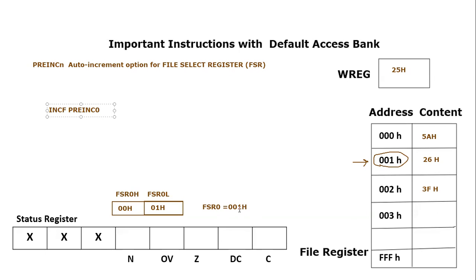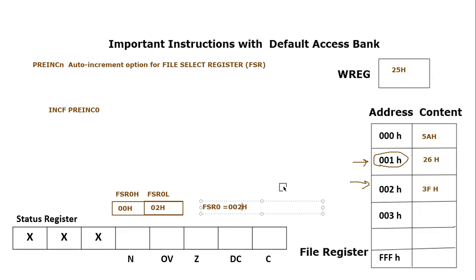What is going to happen is, first of all, you will increment it. If the address is going to increment, it will point to 002. So this value which is currently 01 hex will become 02 hex, and FSR0 will point to 02 hex.